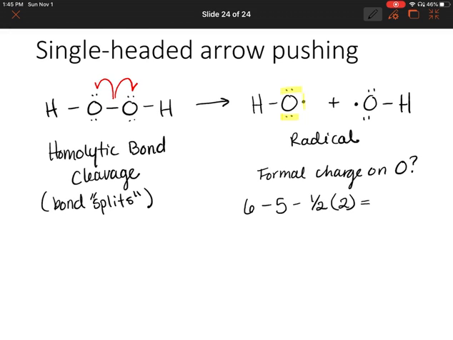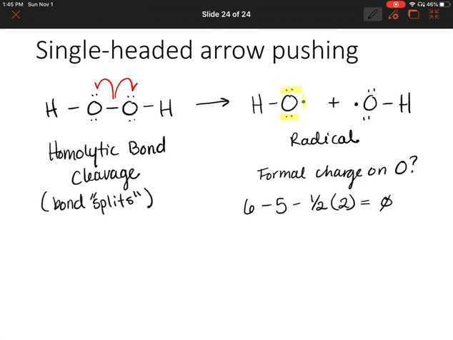So 6 minus 5 is 1, and then 1 minus half of 2 would give us 0. So there is no formal charge on oxygen, so it's not an ion. It doesn't have a formal charge, and it's just a radical. It just has a single electron that's hanging out by itself.